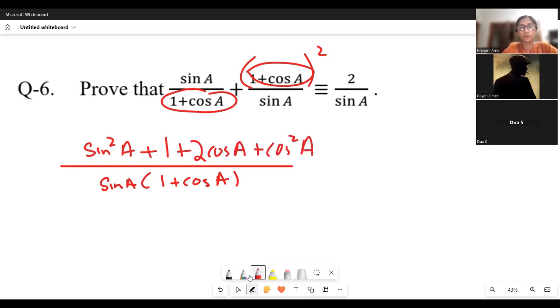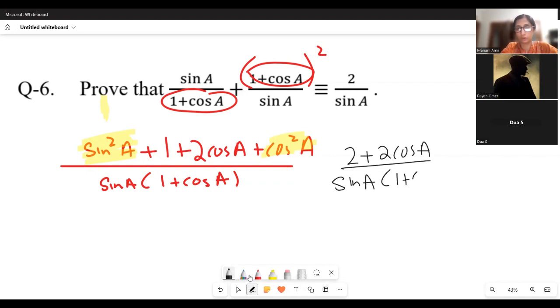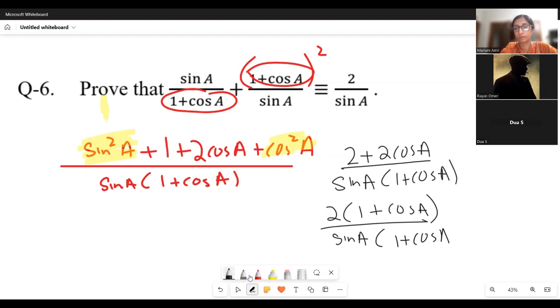Okay, so we know that this plus this is 1, right? And then 1 plus another 1 would be 2 plus 2 cos A. And then the denominator is sine A times 1 plus cos A. We can take 2 common from the numerator, 1 plus cos A, and that cancels the 1 plus cos A in the denominator. So we have what was required, 2 over sine A.